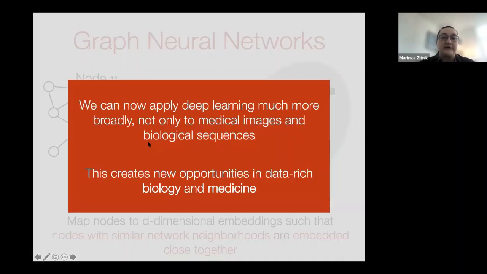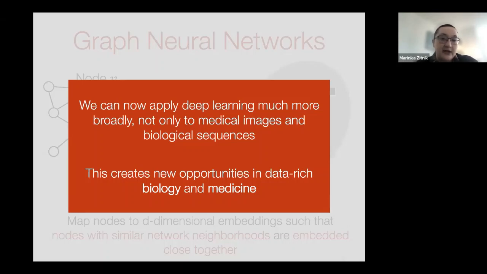So an important implication of graph neural networks is that over the last 2-3 years, they have really led to substantial improvements in state-of-the-art performance for a variety of prediction tasks. And even more importantly, we can now apply and use deep learning algorithms much more broadly, not only in the context of imaging data sets or sequential data sets, or in terms of computer vision and natural language processing, which are fields that have been revolutionized by the advances offered in deep learning.